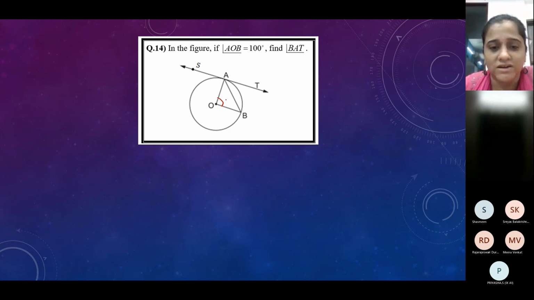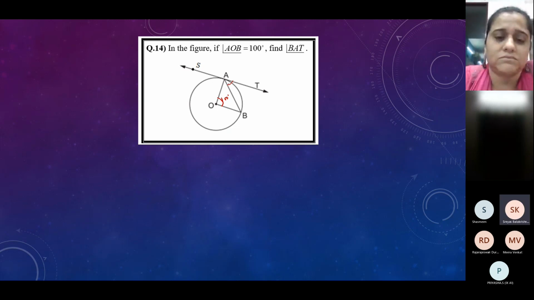As angle AOB and angle BAT lie on the same arc AB, ma'am, we can prove using the alternate segment theorem that angle AOB is equal to twice of angle BAT, so that angle BAT is equal to 50 degrees.